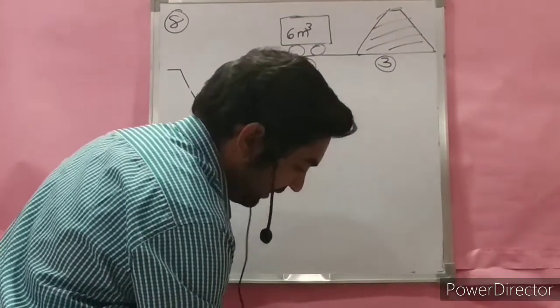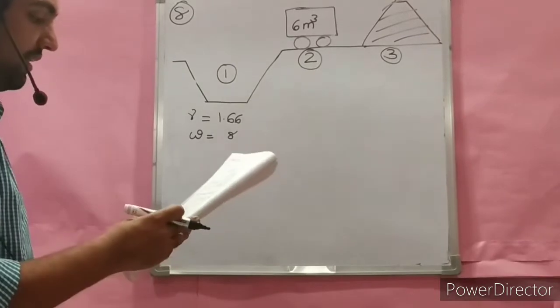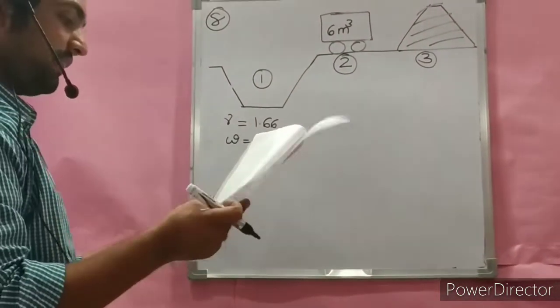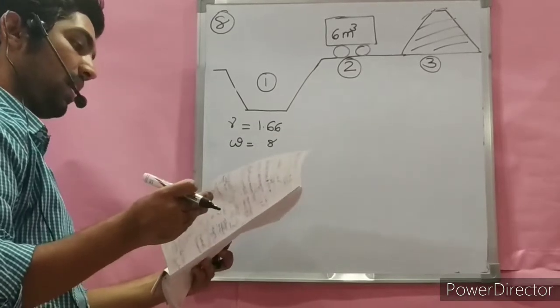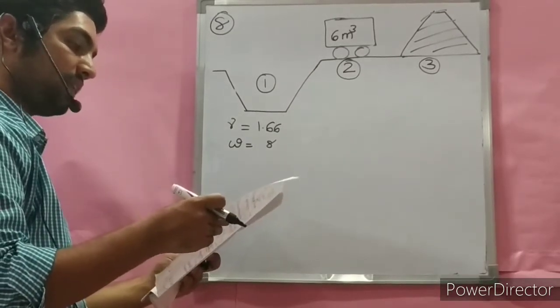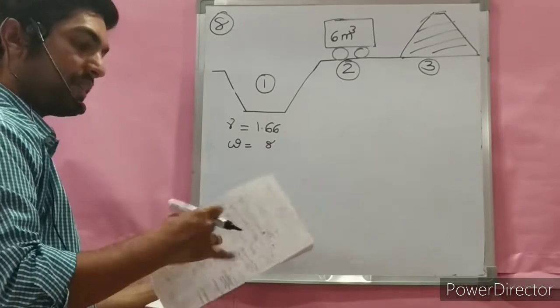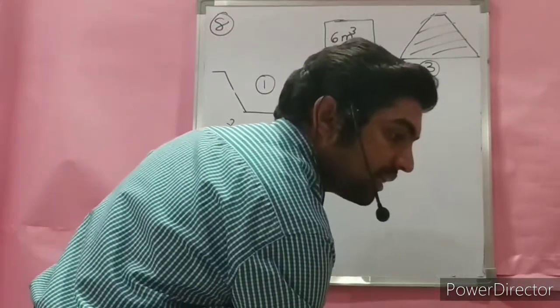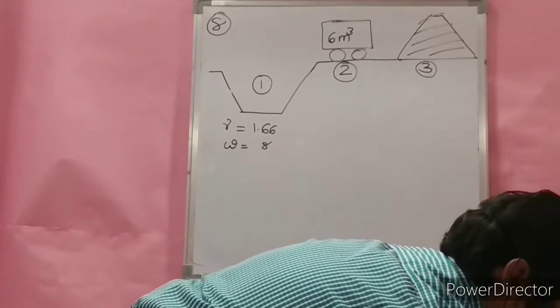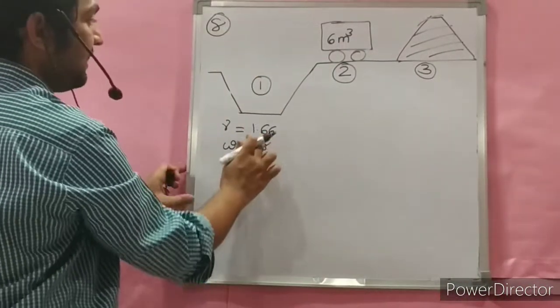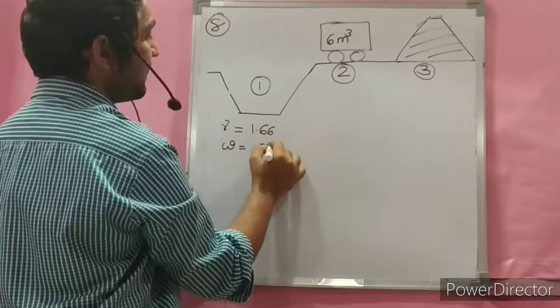What is the unit in this question? Gamma is given in gram per cc only, not in kg per meter cube. The unit here is gram per cc. Bulk density is 1.66 and water content is 8%.